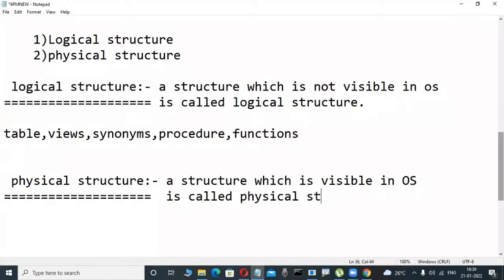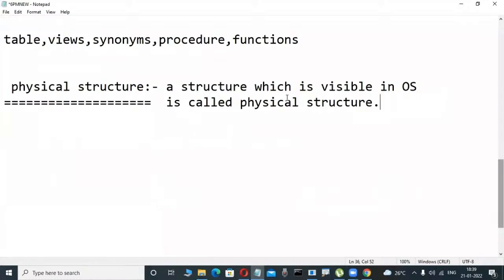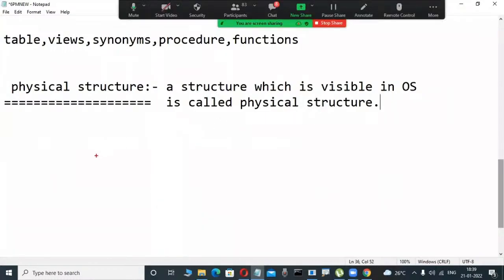Who are the persons working in this physical structure? Observe it here, it's a big concept. I'm telling only the definition side, because I will tell you which definition of database is correct. A structure which is visible in the operating system is called a physical structure. Suppose when I am installing software, some physical files are created in a disk. Suppose PowerPoint, MS Access, Word, anything we are loading, physical files are created.